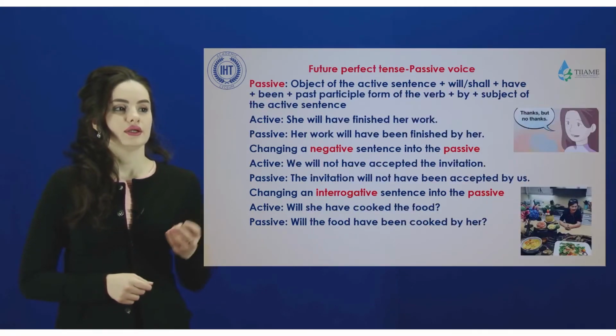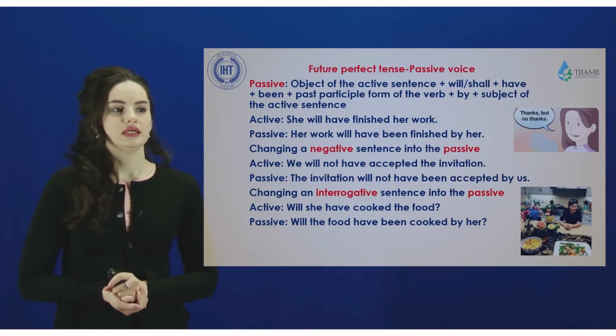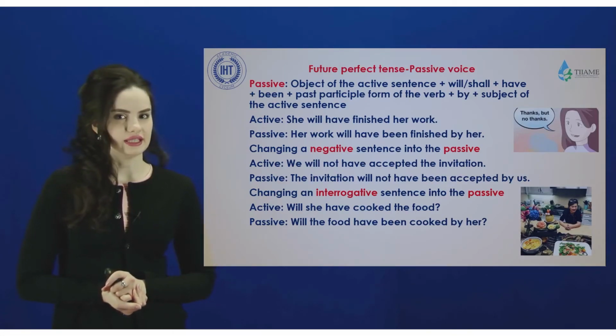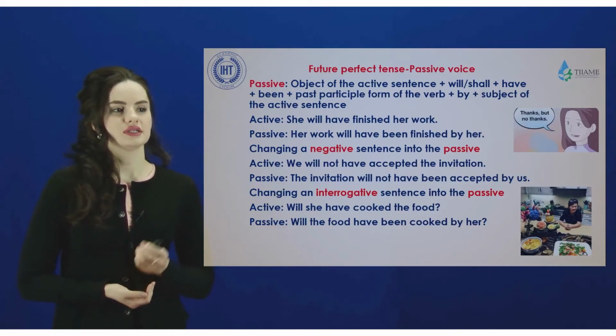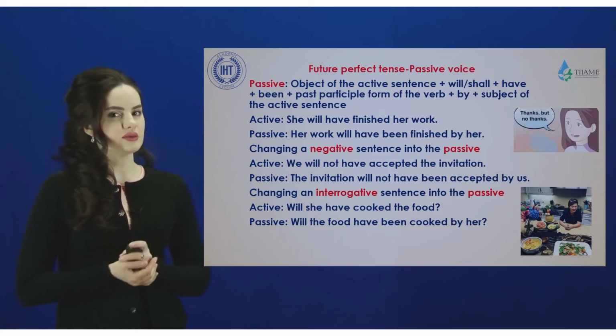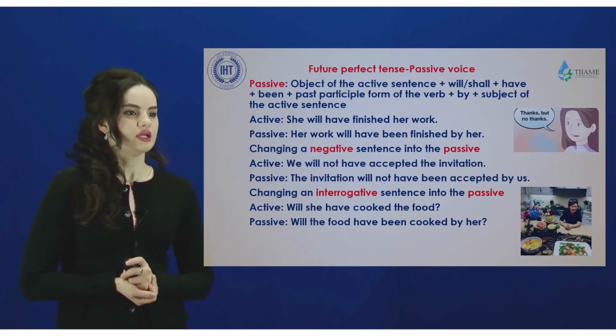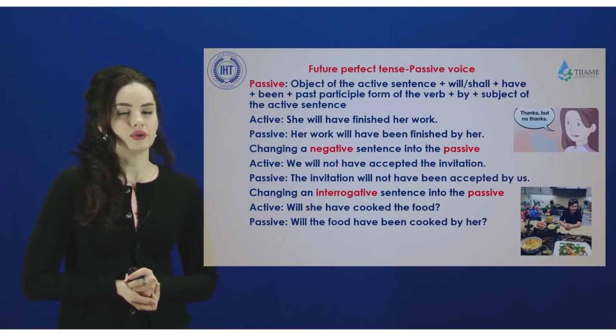Well, here you are some examples of passive form in future perfect tense in the group of perfect. So you may see some examples. I fixed two sentences in active and passive voice. Let's look at one of them in detail. For example, she will have finished her work.